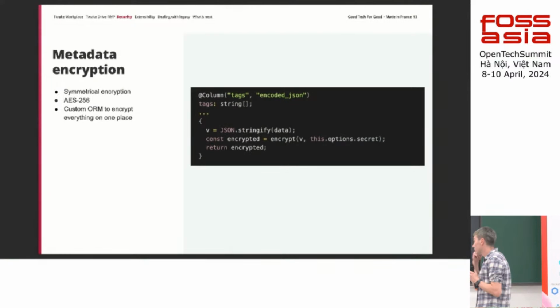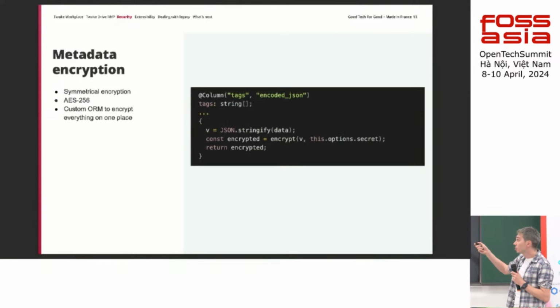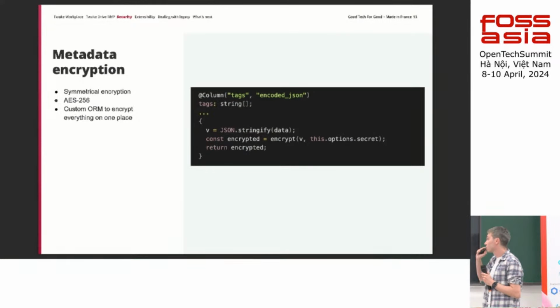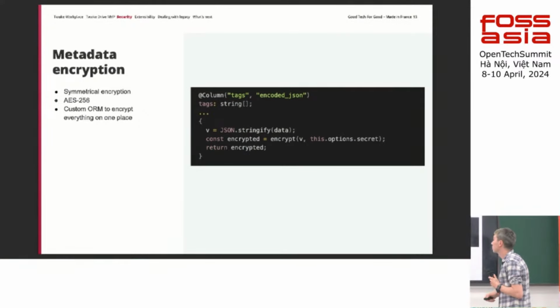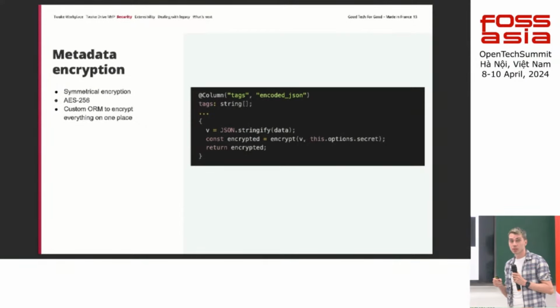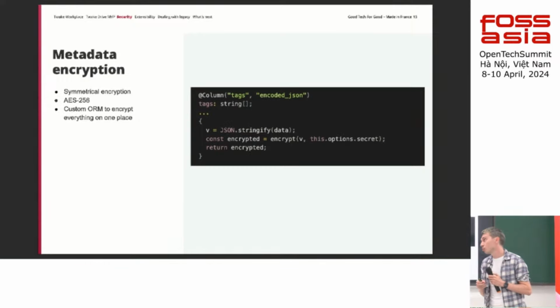Metadata encryption and how we implement it. We implement it with symmetrical encryption with the AES 256 algorithm, and we made it with a custom ORM because it was very easy to implement.